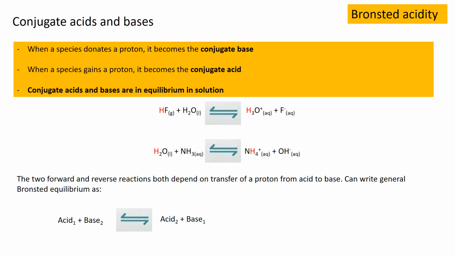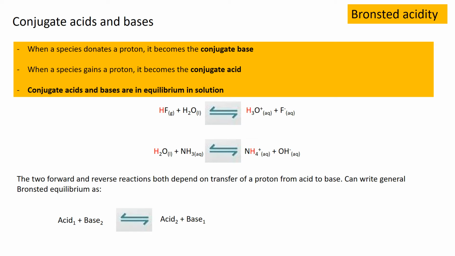So for example here, the conjugate base in the first reaction there, which is the species that has donated a proton, is F minus, and the conjugate acid, which is the species that has gained a proton in the top reaction there, is water, or H3O plus.